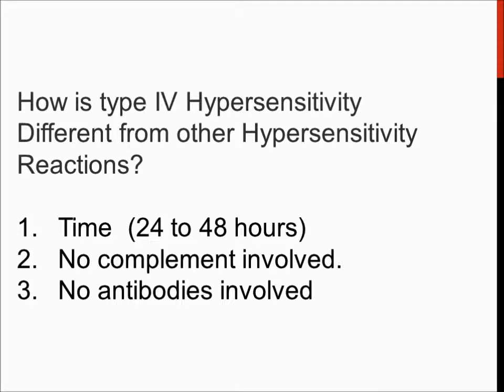Also, it's important to note that no complement is ever involved in the process. In this response, T cells are the primary immune cells responsible for all the reactions. And also, you must note that B cells are not really actively involved in type 4 hypersensitivity. So this makes this a rather unique and different type of reaction.